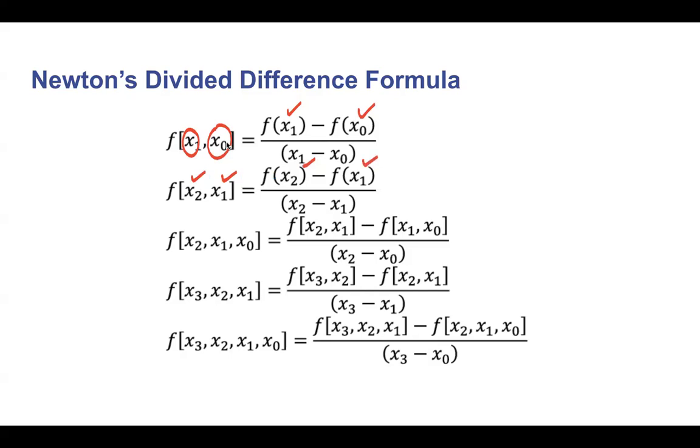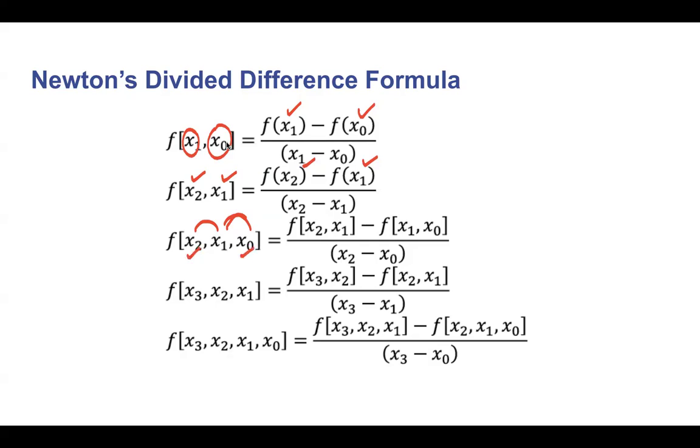When you have three values, x2, x1, x0, you calculate f of x2, x1, that is this one, minus f of x1, x0, that is this one, and for the denominator you take the largest difference, with entries at the two ends, that is x2 minus x0.